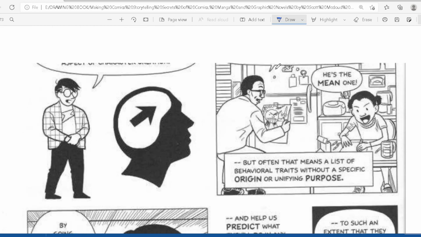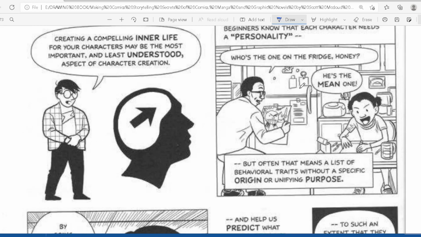So basically, he's talking about the personality. The personality is also very important when you are making a character. I think every character has their own facial expressions, because every man has their own personality, right? Like I have my own personality. I am doing something in my way and you are doing something in your way, and that is what you like, that's why you are doing it that way.